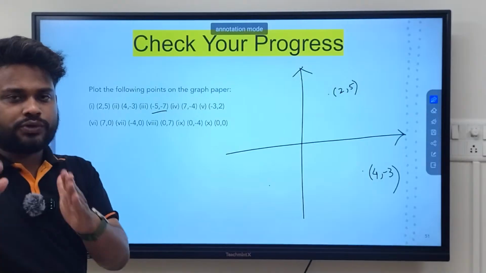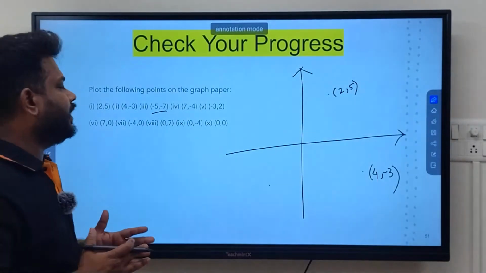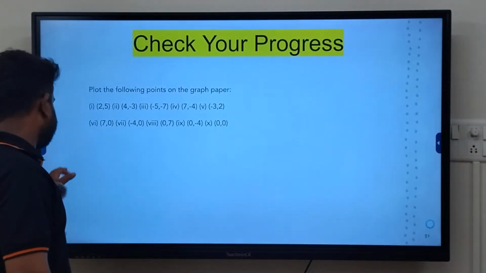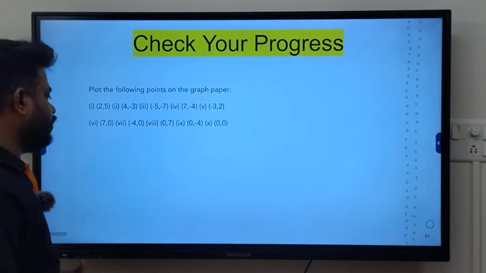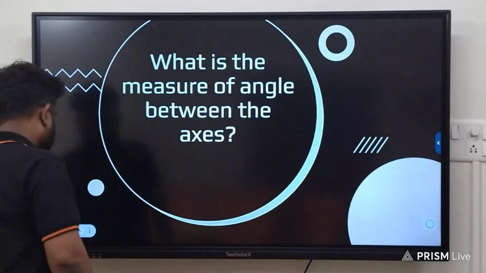So you guys can all try this at your home, carefully and peacefully, on graph paper. Okay, right, let's go to the next one.